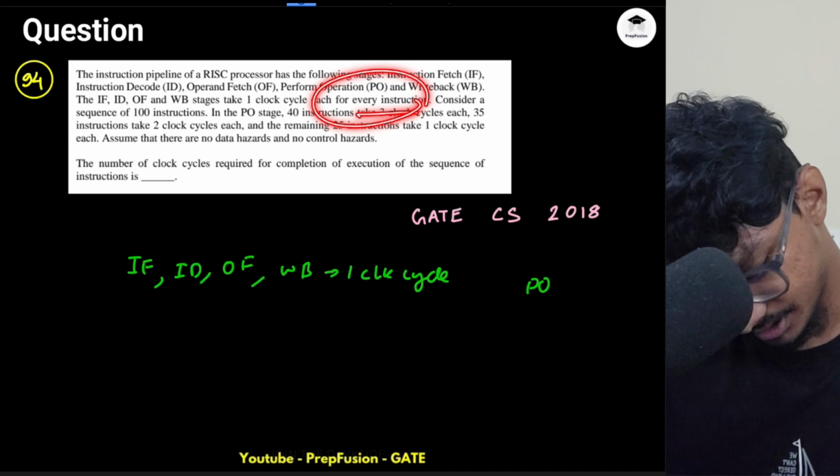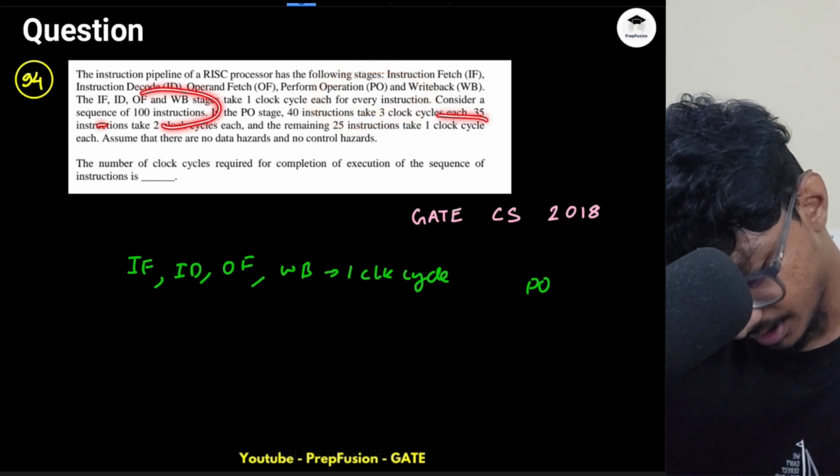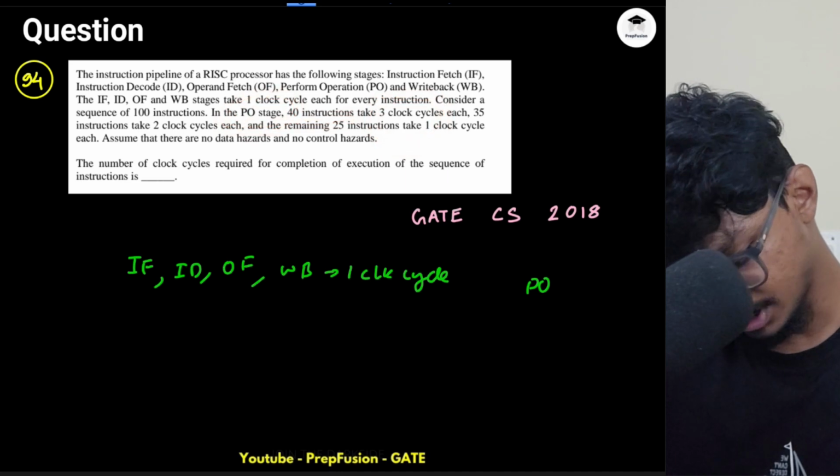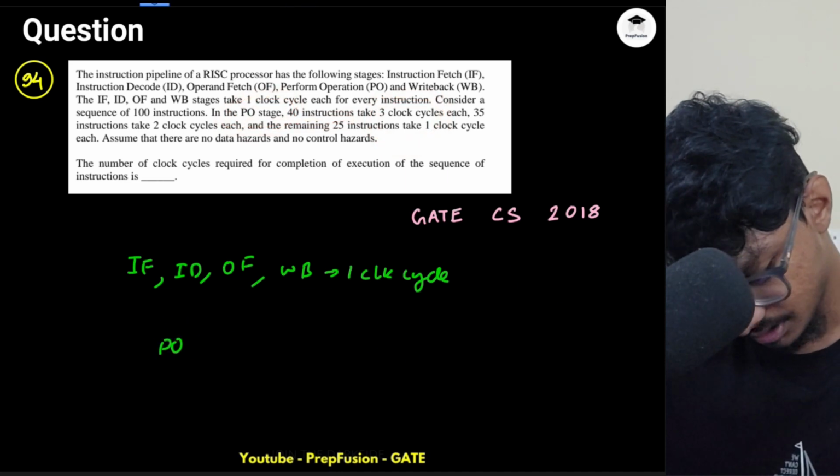For every instruction, consider a sequence of 100 instructions. In the perform operation, 40 instructions take 3 clock cycles.